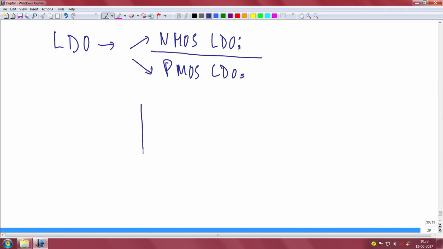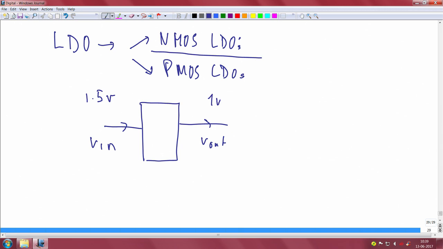If you are looking at input V in and V out in the range of, let us say, 1.5 volts at the input and regulated 1 volt at the output, then you can be more or less sure that it must be an NMOS kind of LDO, because that is what most of the companies which give you offerings will actually use as a technology.